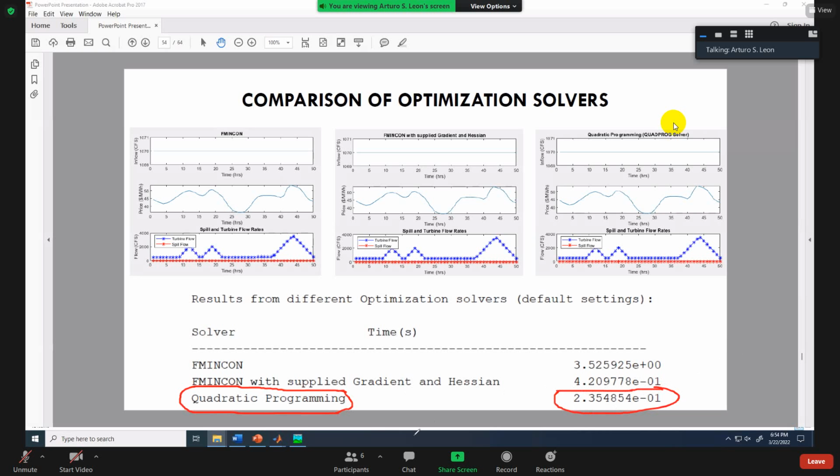If you supply the first derivative and the Hessian and simply use fmincon, it will take 3.5 seconds. So with quadratic programming, you can do it much faster.